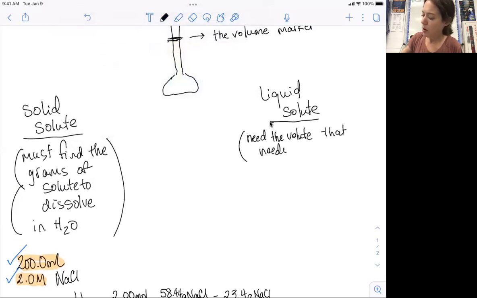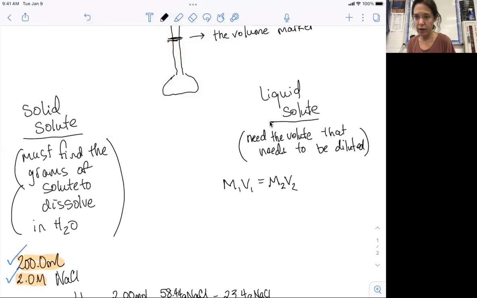Lucky for us, there is a simple dilution equation: M1 times V1 equals M2 times V2. Initial molarity, initial volume, final molarity, final volume. It doesn't matter what your ones or your twos are, as long as you have them appropriately paired.